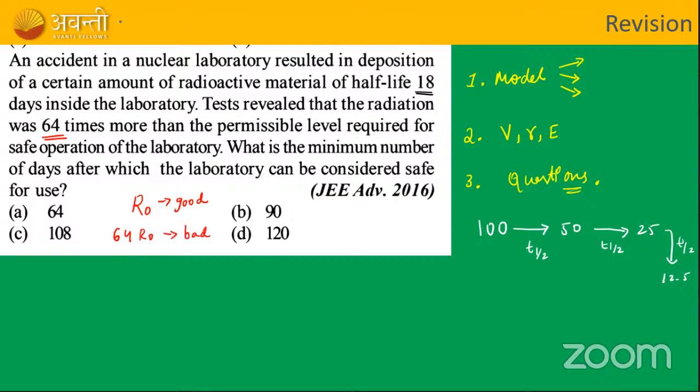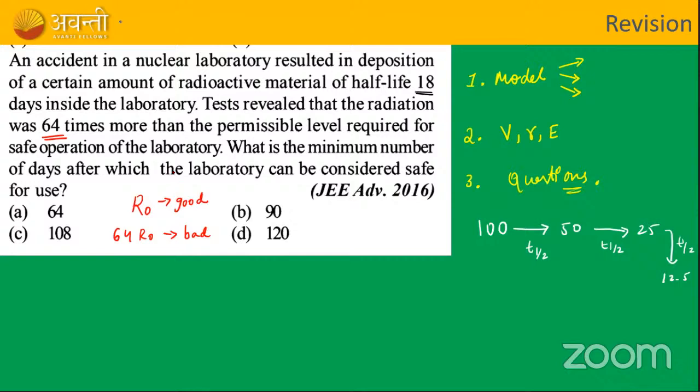That radiation can ionize your particles and cause mutation in your DNA, which is very dangerous. So I currently have 64 times the permissible level. What is the minimum number of days after which the laboratory can be considered safe for use?